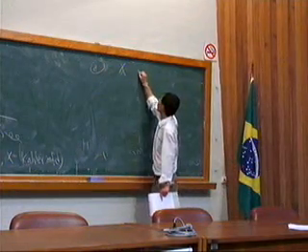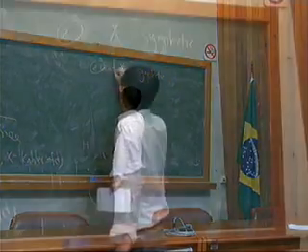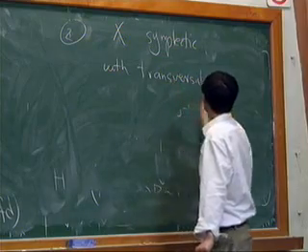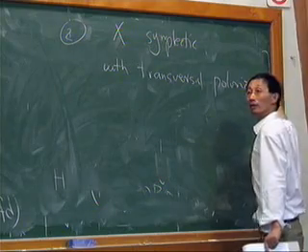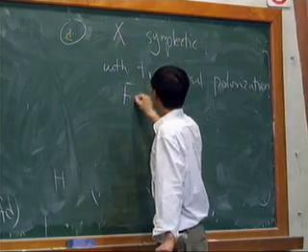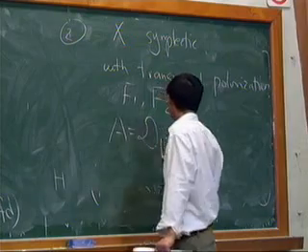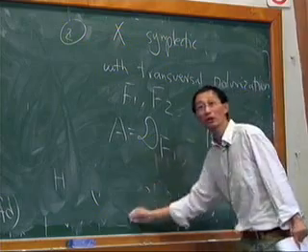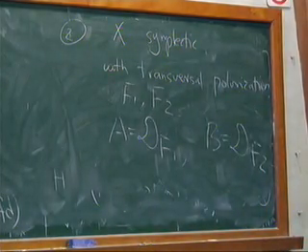If X is a symplectic manifold with transversal polarization, namely Lagrangian foliations F1, F2, and now you take A as dF1, B as dF2, the distributions, you do get a flat, torsion-free connection over there.